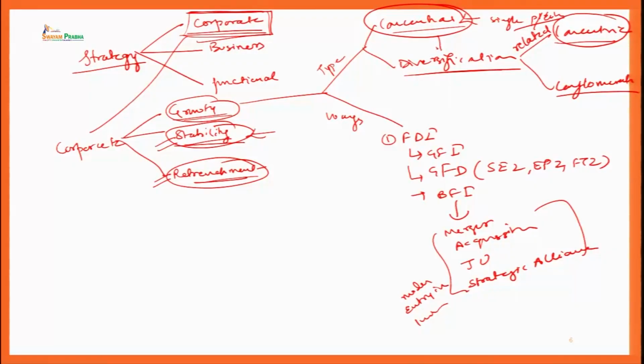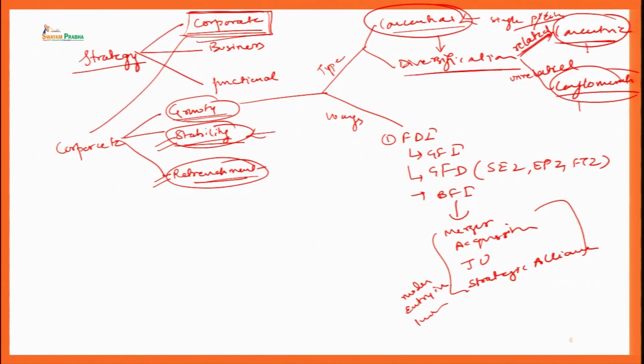But the moment you start processing the milk to come up with something related to milk, that becomes a diversification. That means you are moving from pure concentration to a diversification, but in a related line, that is concentric diversification. On the contrary side, there is an absolutely unrelated diversification, that is what is known as a conglomerate.